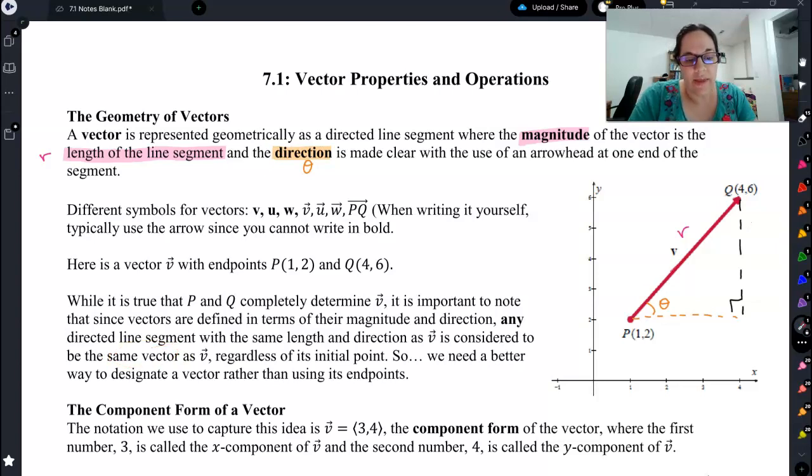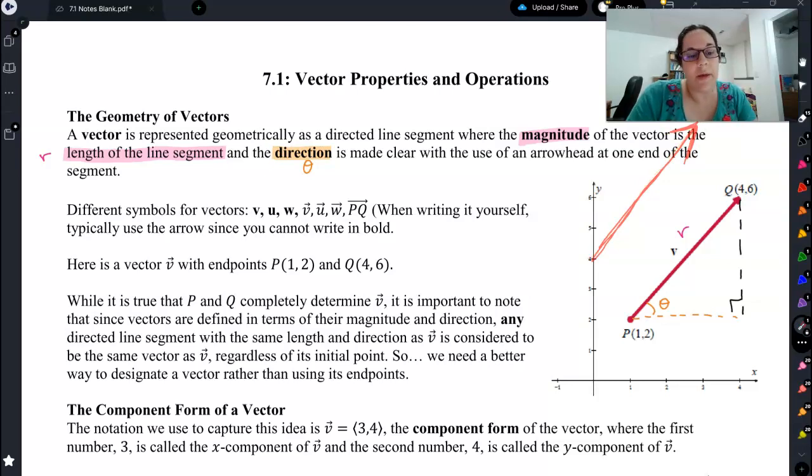So I could take this red vector here, and if I move that vector up and to the left, I get this vector here that has the same direction, the same length, the same magnitude, the same angle. Those are technically the same vectors.